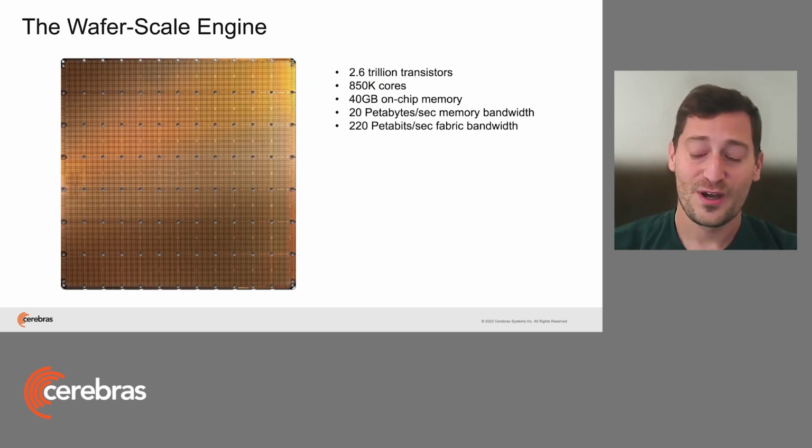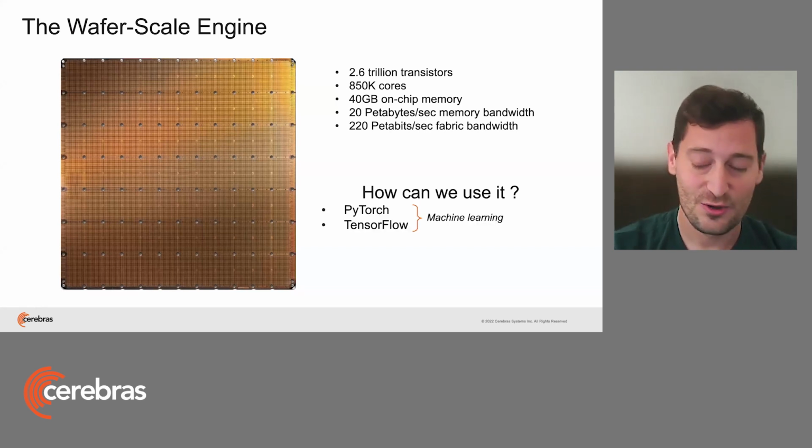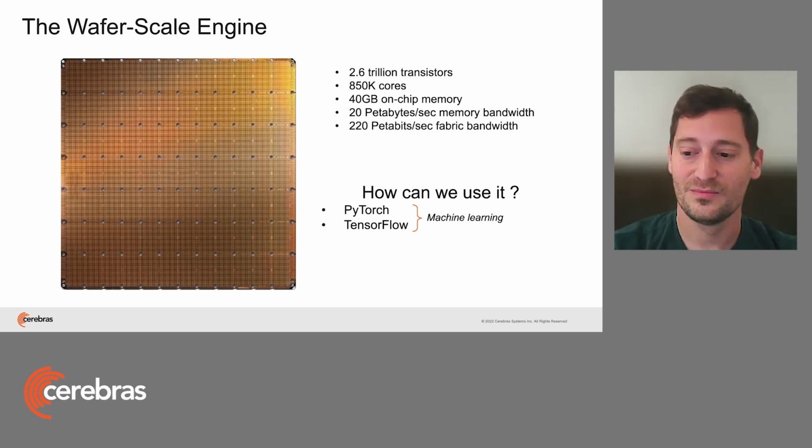Okay, so the question is, this is all great, but how can we actually use it? First things first, you can use some of the most popular machine learning frameworks like PyTorch or TensorFlow.